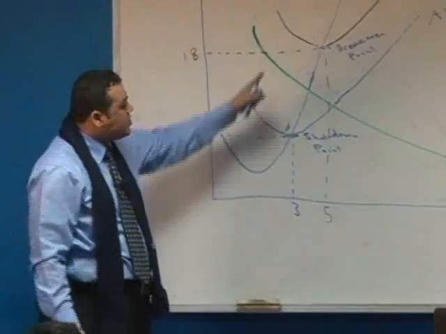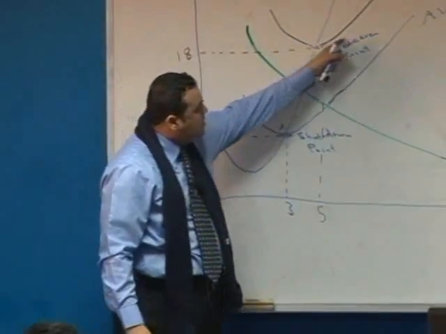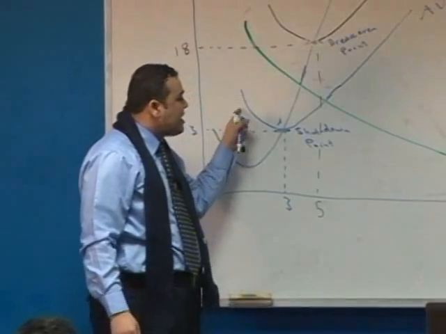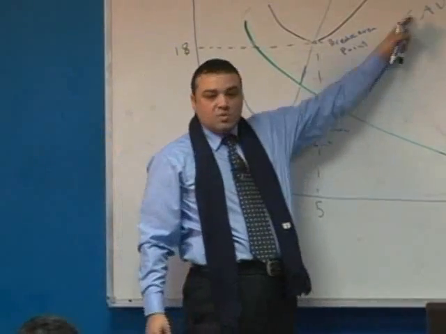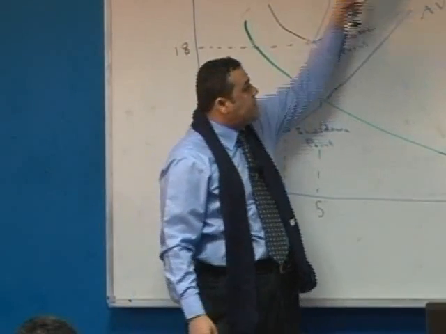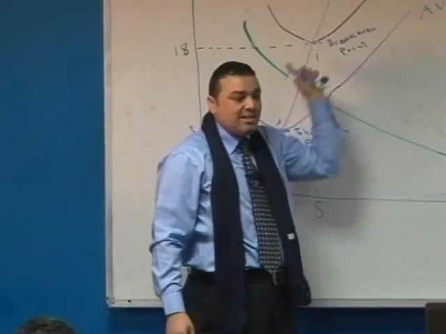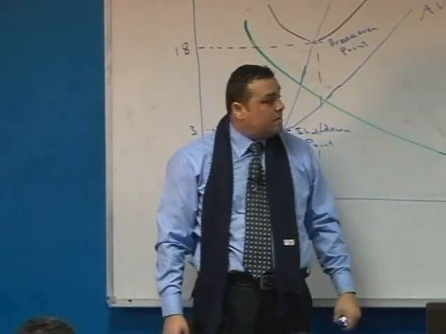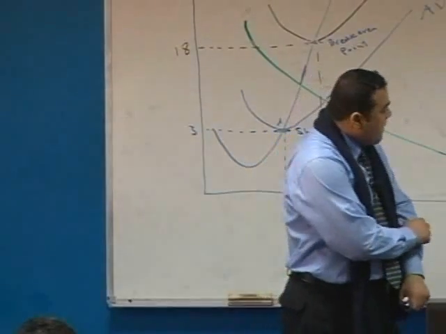ATC, as you see, curve is or remains higher than average variable cost. Average total cost is larger than the average variable cost. Right? Okay.